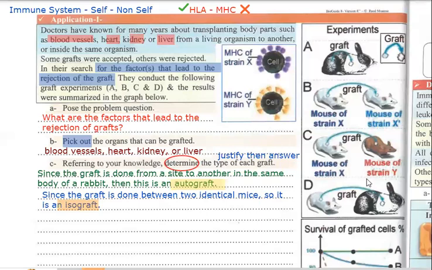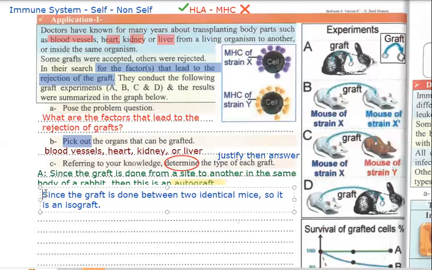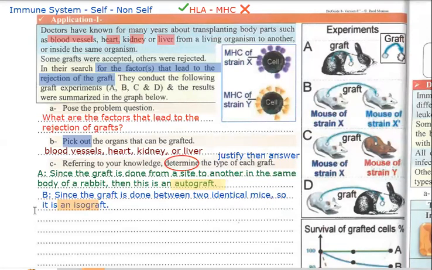What about experiment C? Okay, here I forgot to put, you have to mention that this is A, and right here this is B. Let's move now and talk about C. In experiment C, we are taking a graft from a mouse of strain X to a mouse of strain Y. So it's the same species.